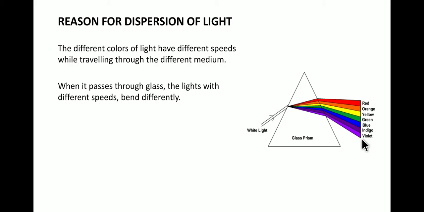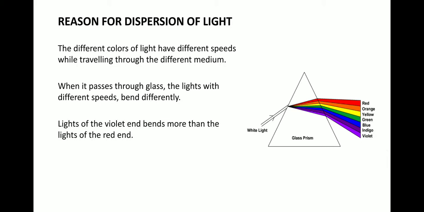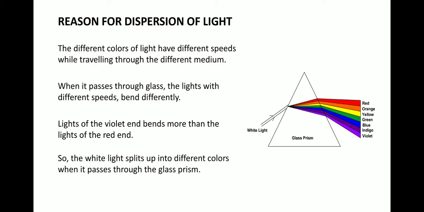As you can see, they bend more compared to the bending of the colors out here. So they bend more than the lights towards the red end. So the white light splits up into different colors when it passes through the glass prism. So this is one of the reasons for the dispersion of light.